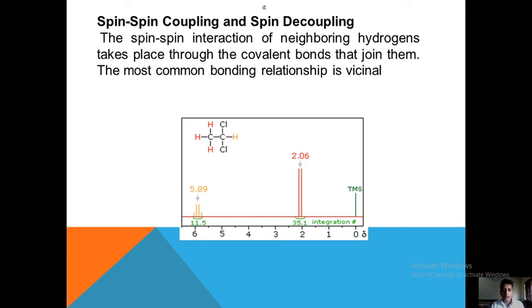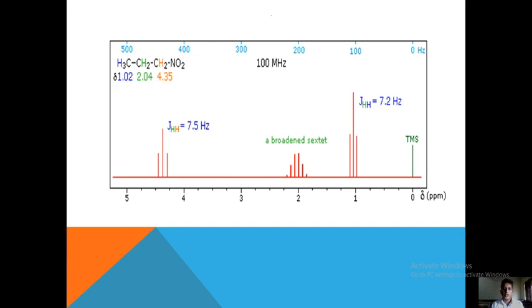The following spectrum of 1-nitropropane may be used to illustrate this technique. Here in the NMR plot we can see 3 distinct sets of hydrogens in the molecule generating 3 resonance signals: two triplets and a broad sextet.